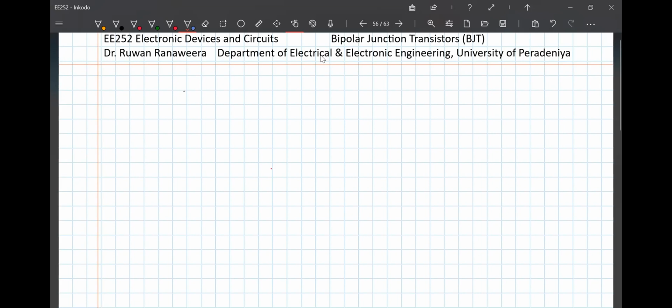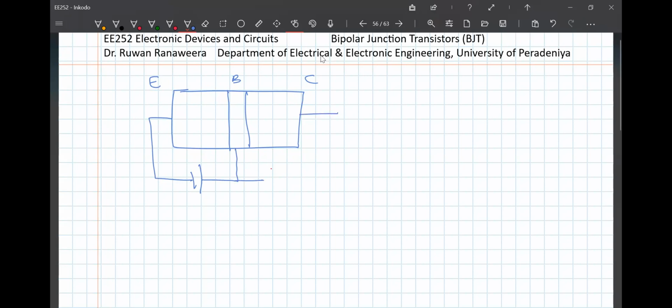You have the emitter, the base, and the collector. Now you already had this connected like that. Now I'm going to connect the collector, and that will be at a much higher potential, like that.